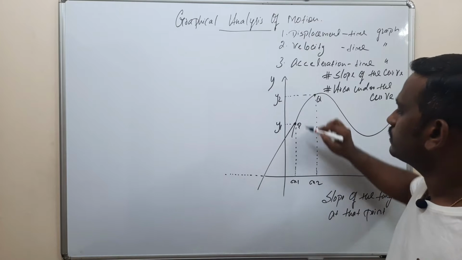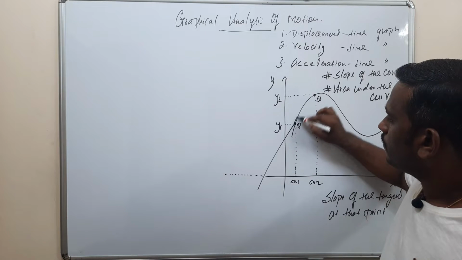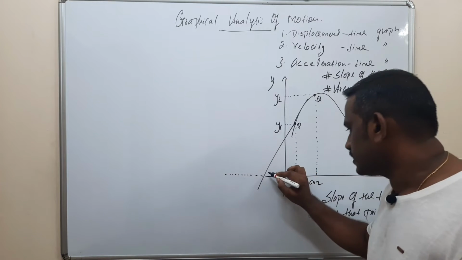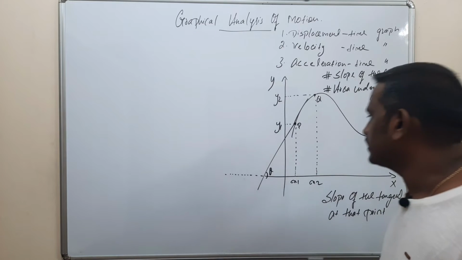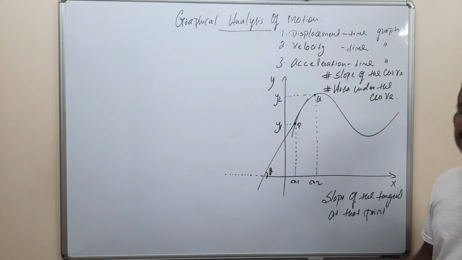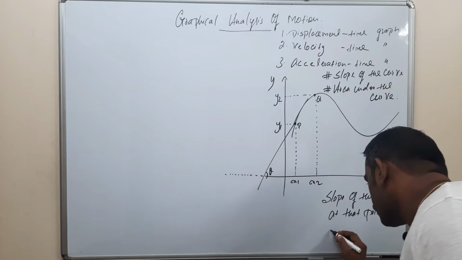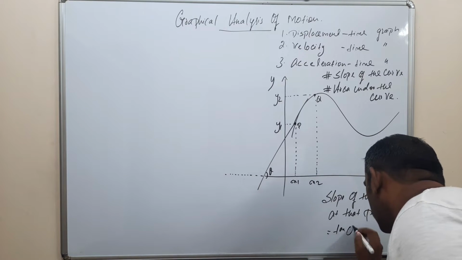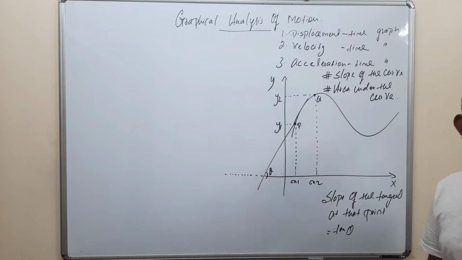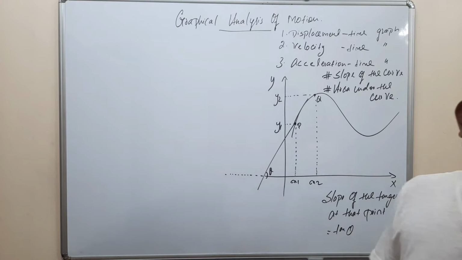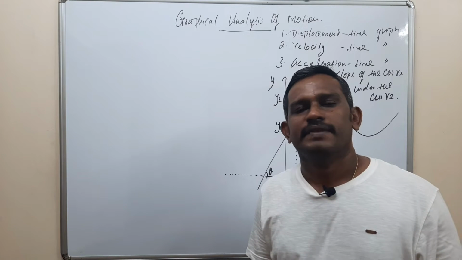This tangent makes an angle theta with the horizontal x-axis. So the slope of the tangent we know is equal to tan theta, where theta is the angle made by the tangent with the horizontal x-axis.